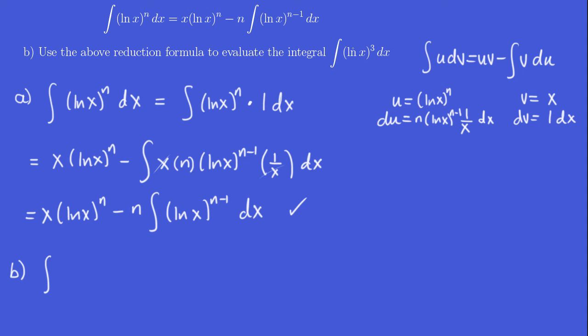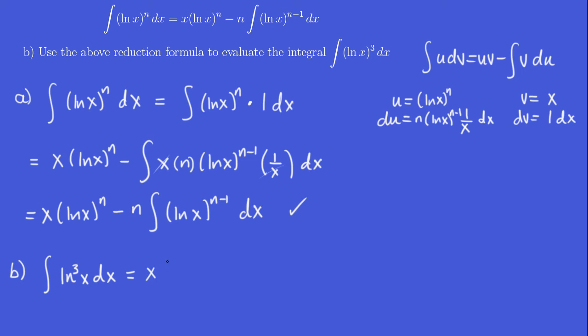What I'm going to do here is, instead of writing these brackets, I'm just going to put the 3 above the ln. That's the same thing, right? It'll look a little bit nicer to work with, so we don't have to write so many brackets. So really, to get started, this integral is the same as this integral when n is 3.